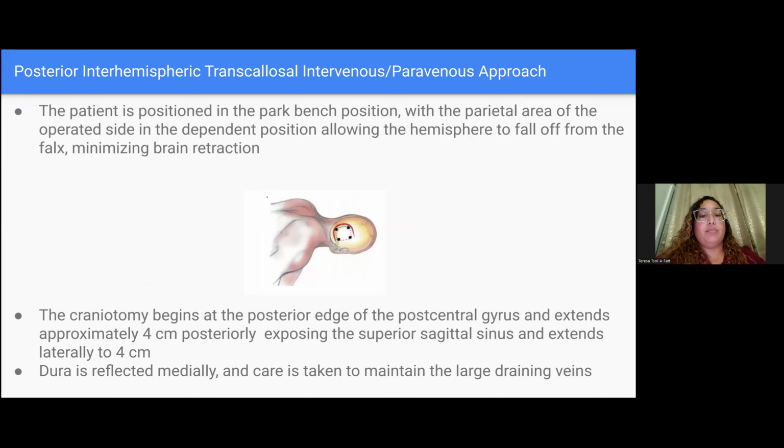A craniotomy begins at the posterior edge of the postcentral gyrus and extends approximately 4 centimeters posteriorly, exposing the superior sagittal sinus, and it extends laterally approximately 4 centimeters. The dura is then reflected medially, with care being taken to maintain the large draining veins in this area.